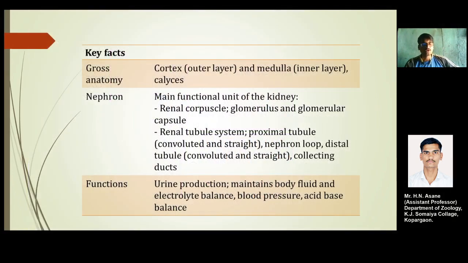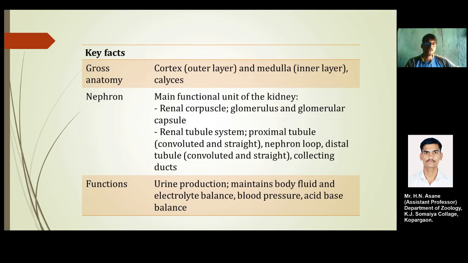So as we move forward, we combine all this information together, the key facts about the gross structure of the kidney. The gross anatomy of the kidney consists of the cortex as the outer layer, the medulla as the inner layer, and the calyces as the conducting part for the urine.